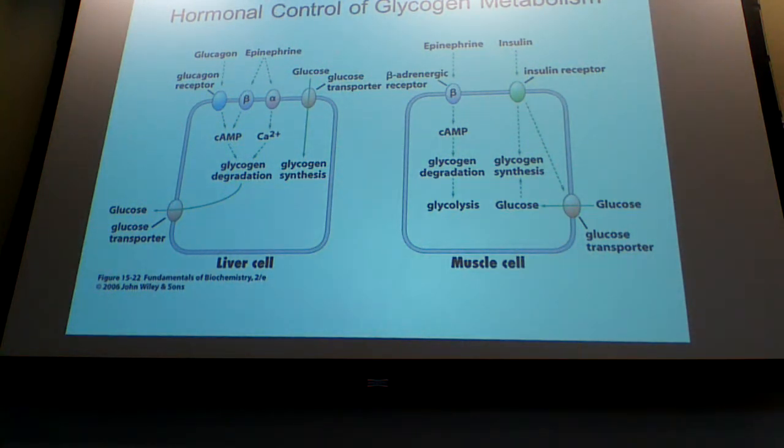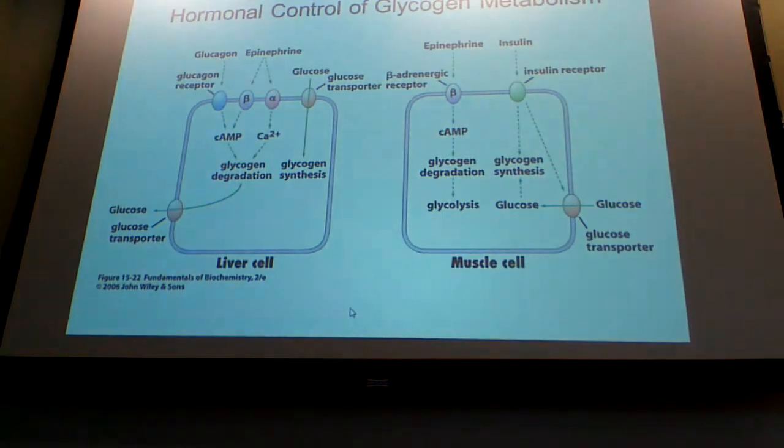We make cyclic AMP, we activate PKA, we break down glycogen, and that can be transported. The liver cells have a glucose transporter to bring glucose into the cells, but it's not really regulated. Your liver is always just bringing glucose into the cell, and how much is just based on how much is in the bloodstream at any given time. So that isn't necessarily under any of these hormonal controls.